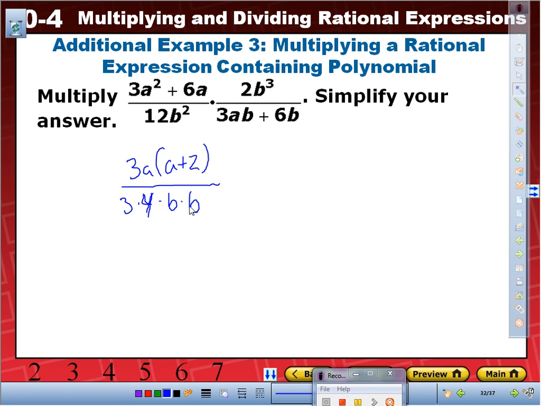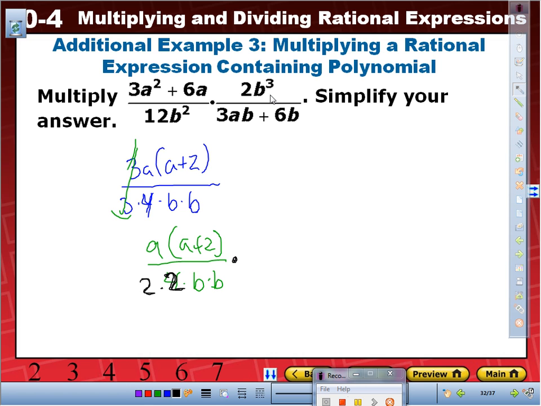So that's my first fraction. Can I simplify this anymore? Yes, my GCF for this one is 3. So I'm left with a times a plus 2 over 4 times b times b. And the 4, we can simplify that to what? 2 times 2. Yes, instead of 4. All right, I'm done with this one.